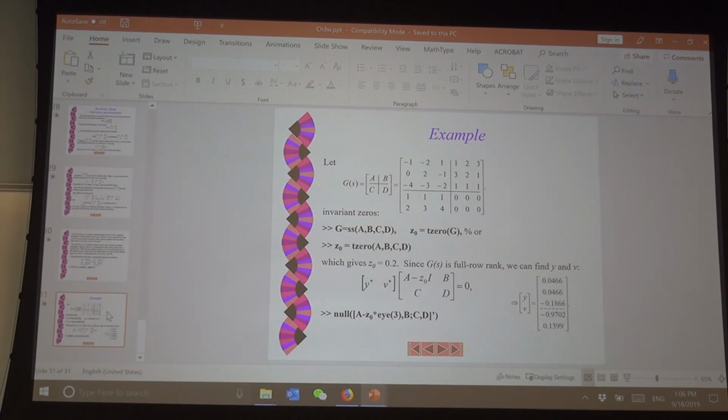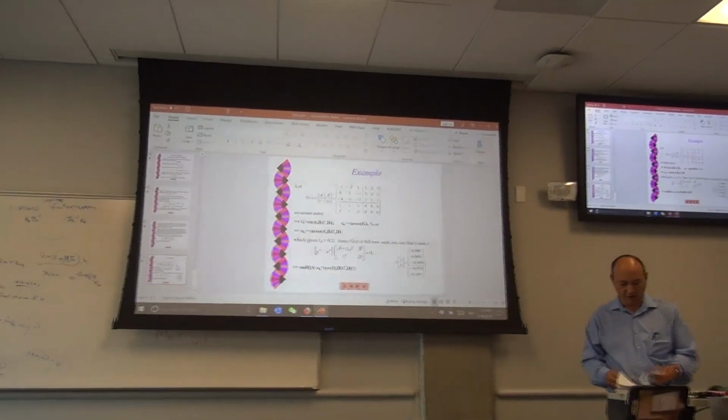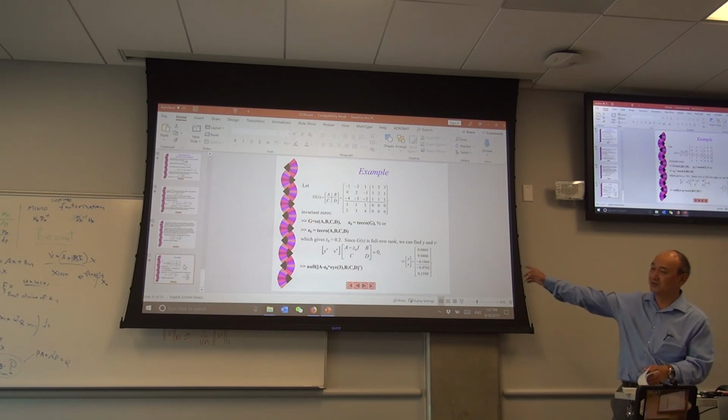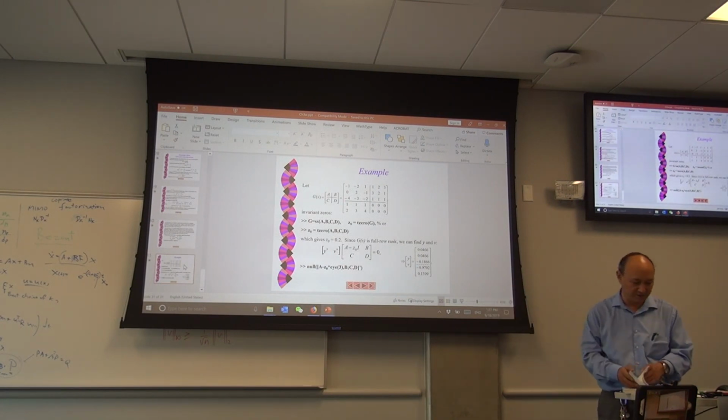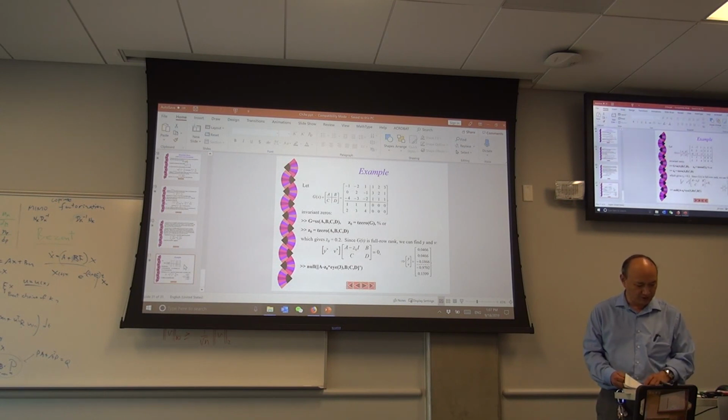So he should add LQR contents in chapter 2 or chapter 3. He didn't do it. I'm pretty sure he didn't do LQR in chapter 3. But he used the LQR stuff in chapter 5, internal stability, how to choose, how to do that. So that's the problem of this book.